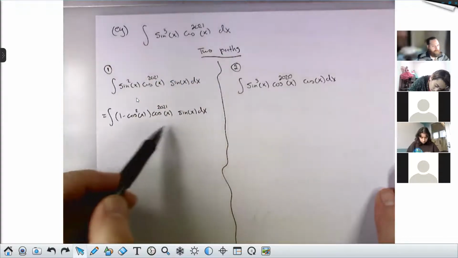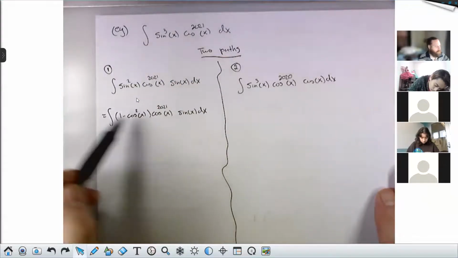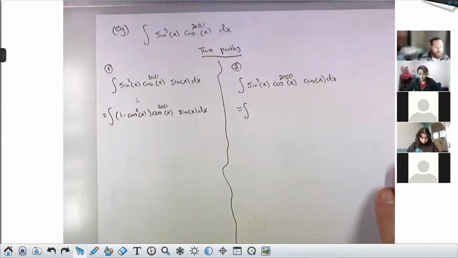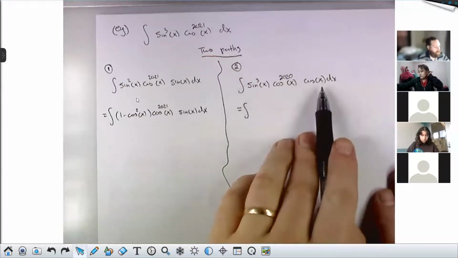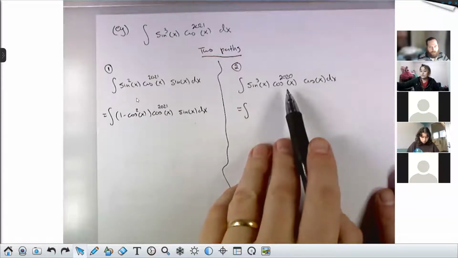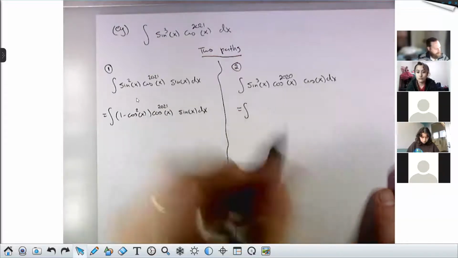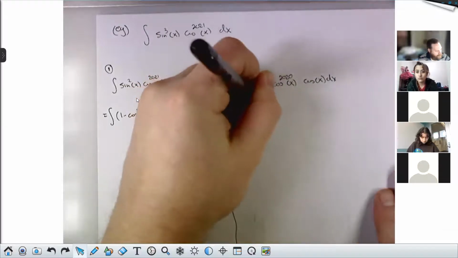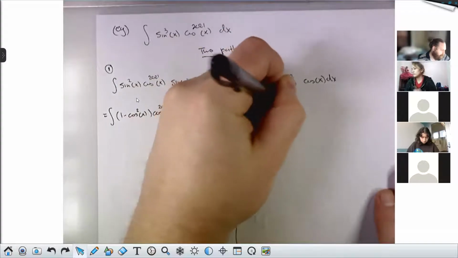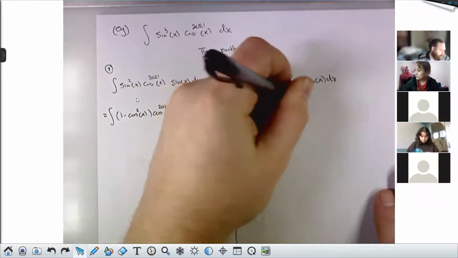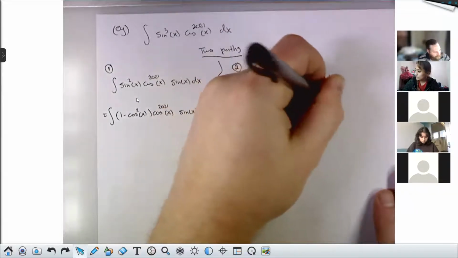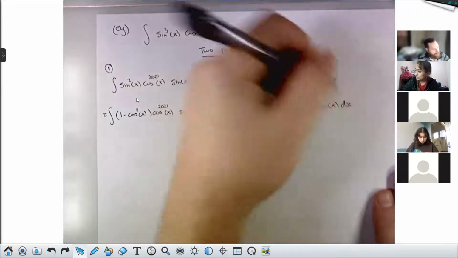So this integral is now ready for the substitution z equals cos x. In the second integral, I'm setting aside a cosine, which means I'm thinking of substituting for sine, which means I need to rewrite all 2020 of these cosines as sines. Now there's a way to do that. I'm leaving sine cubed alone. Cos to the 2020 is cos squared x raised to the 1010, and then cos x dx is still chilling.